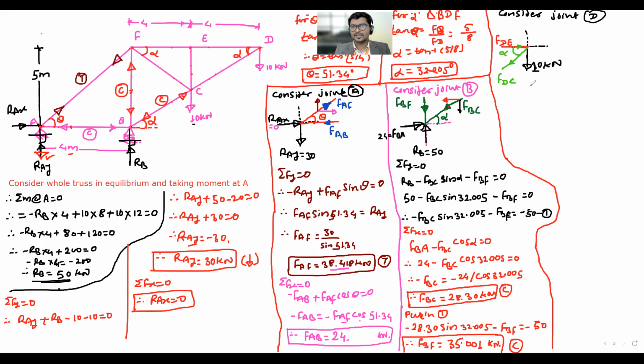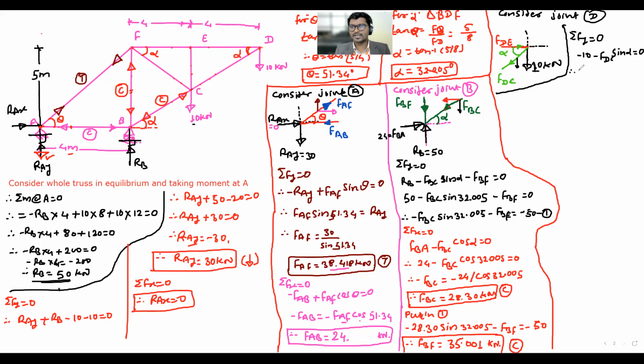Yes, sir. Then take summation of the forces along the Y axis firstly. Summation Fy is equals to 0. 10 will be plus or minus? Minus. Minus 10, I am separating it so there is no complication. Component of this DC will be downward as per the assumed direction so it will be minus. Minus FDC sin alpha equals to 0.